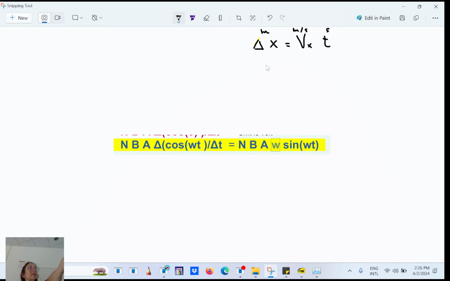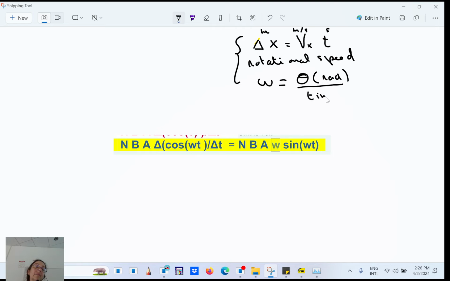Likewise, when something is spinning about an axis, you can find the rotational speed. It's called the rotational speed or the angular speed, and it's called omega. So omega equals the angle in radians divided by the time it takes. So in 1 second, what's going to be the angle that will be covered, right?